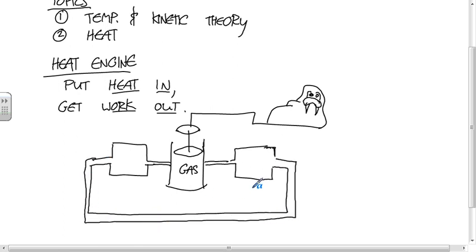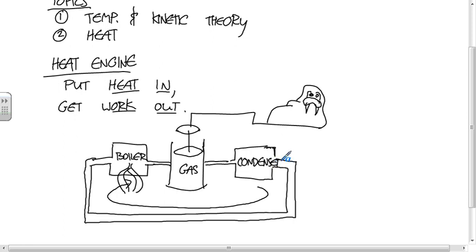And if the gas is moving through the cycle this way, does anyone remember what this side of the cylinder is called? This is the boiler, yep. So this is where the heat is input. And does anyone remember what this is called? Yep, condenser.